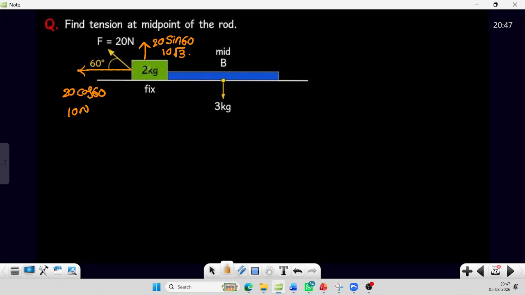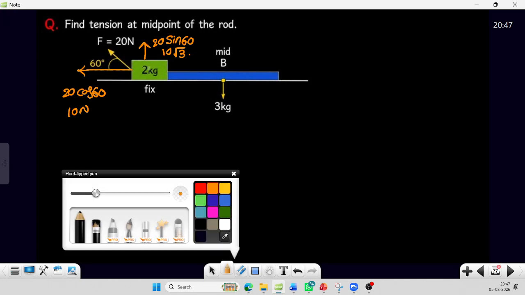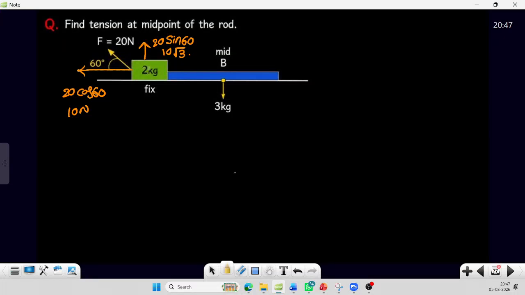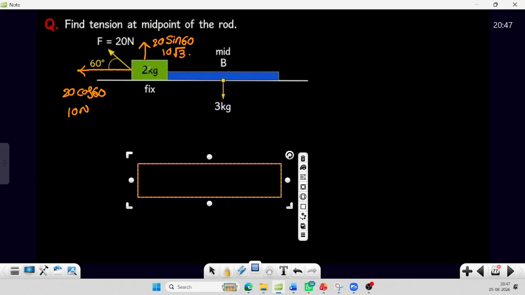So that means now the whole thing I can treat effectively as a single block. Can you tell me the acceleration of this block? The whole system I can treat as a single block.